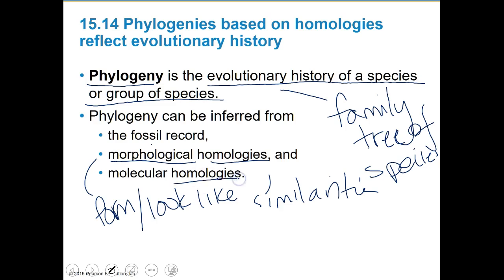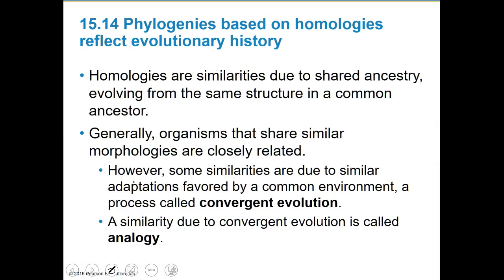Same with homologies, homo is same, so we're talking similarities in molecules. So that's a lot of words, but it's not that hard. Phylogeny can be inferred from the fossil record, similarities in what they look like, and similarities in what their DNA or molecules are like. Okay, so there you go.